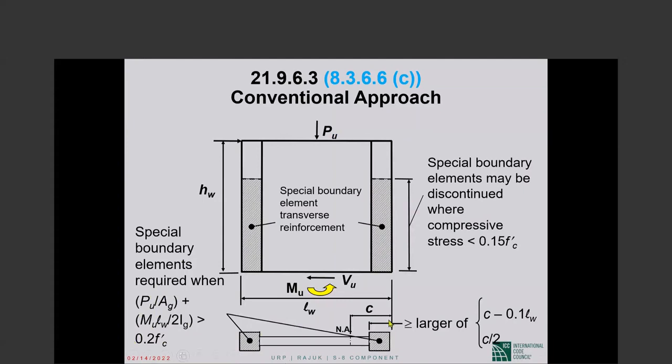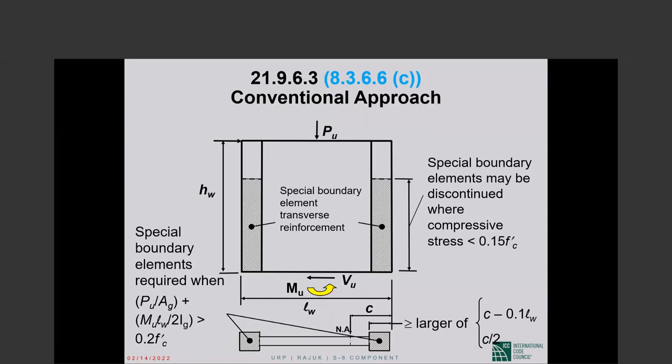The horizontal extent of the special confinement is the same as in the displacement-based approach. Exactly the same. The extent of confinement into the shear wall is 1/2 of the neutral axis depth, or the neutral axis depth minus 1/10 of the length of the shear wall, whichever is the larger of the two.